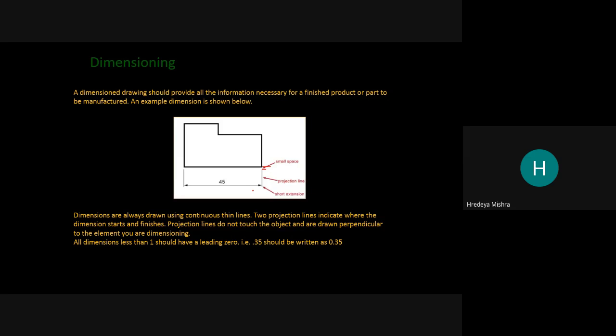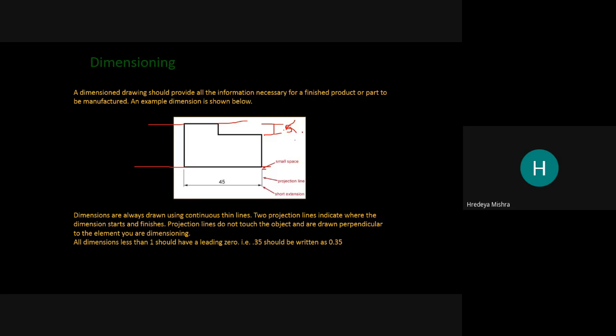When you are dimensioning, all dimensions less than 1 should have a leading 0. For example, if the value is 0.9, then writing .9 is wrong.